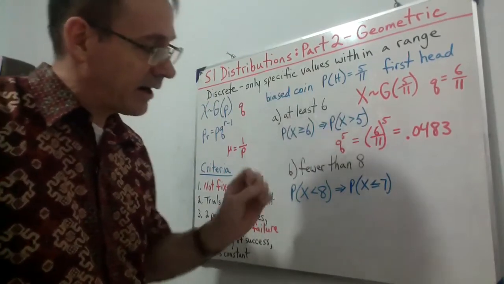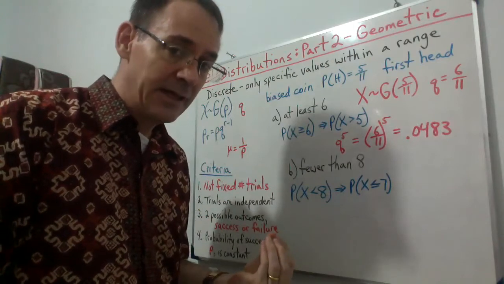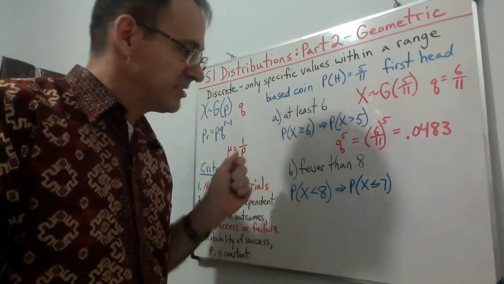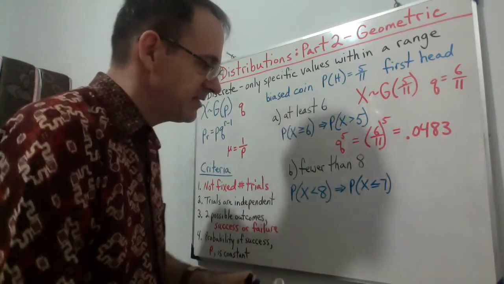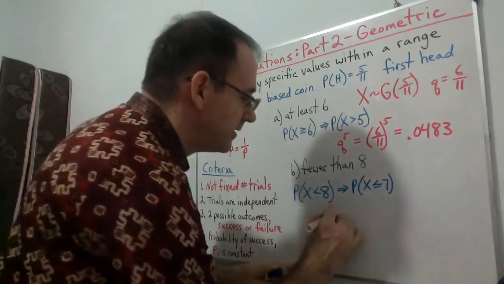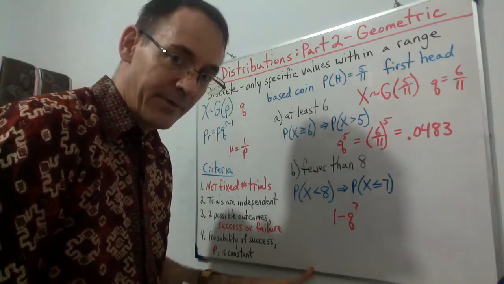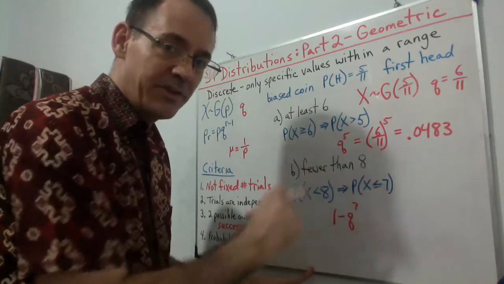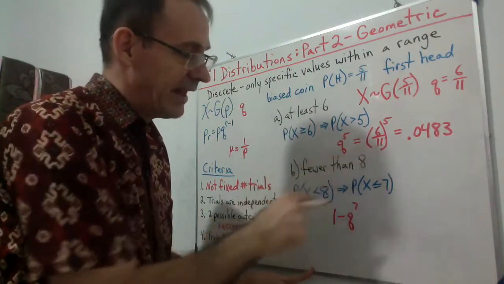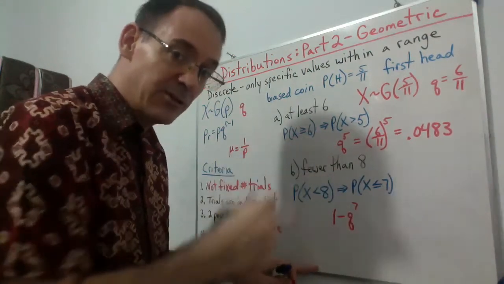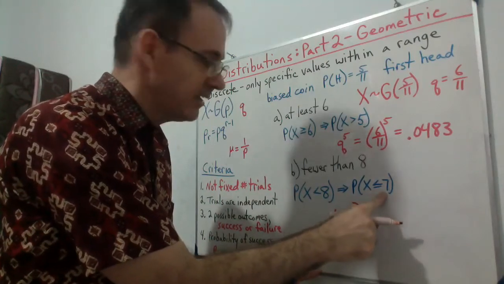And if we have to have a success somewhere in those first 7, then that means we cannot fail 7 times, right? We can fail once all the way up to 6, but if it has to occur in the first 7, including the 7th, then that means we cannot fail 7 times.